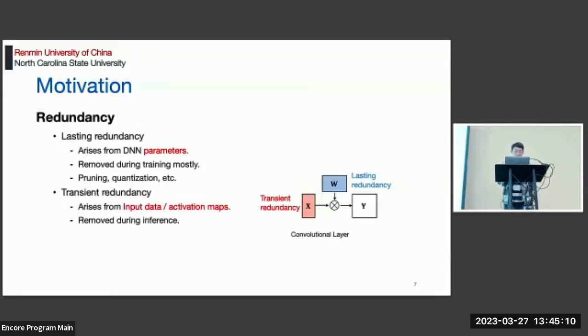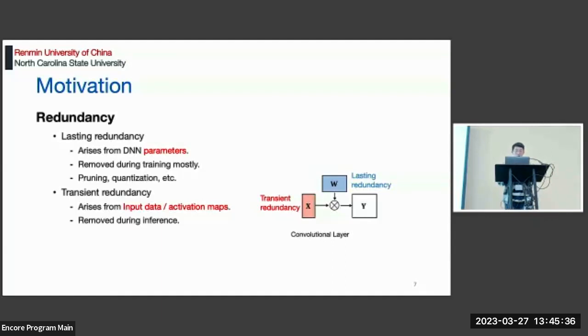But there exist some challenges for enabling deep learning on microcontrollers. First, DNN models are really computation intensive. And second, edge devices are usually resource constrained, just as we've covered. Therefore, eliminating computation redundancy becomes a practical approach.